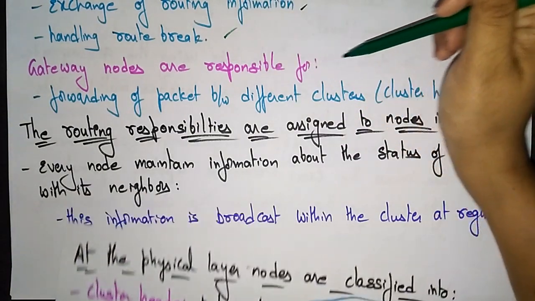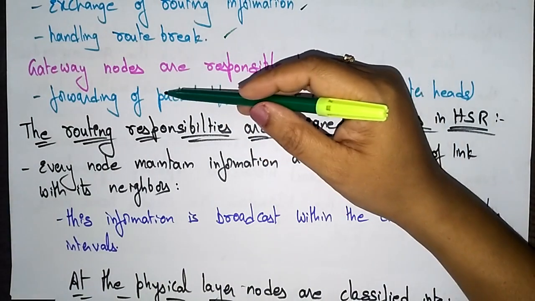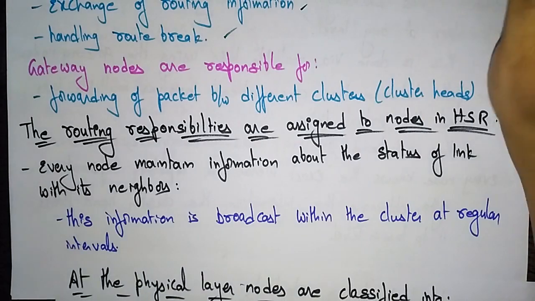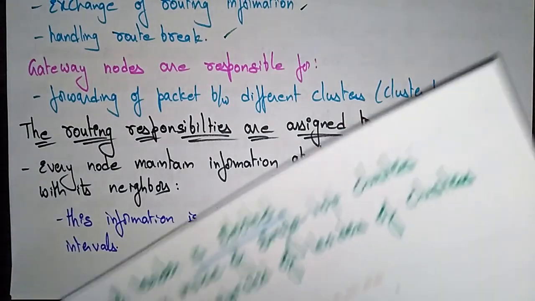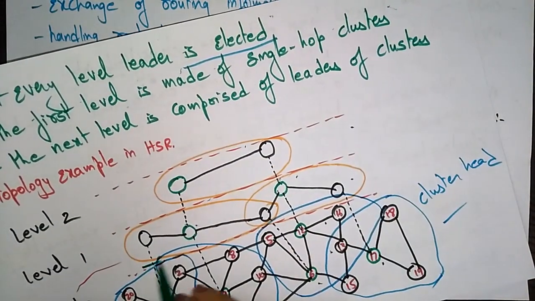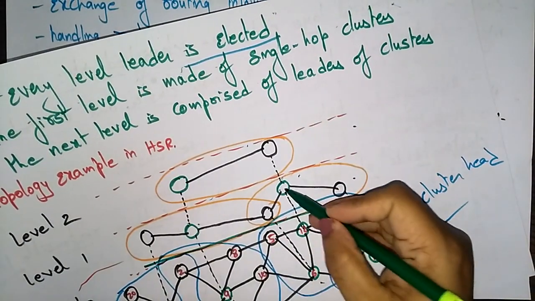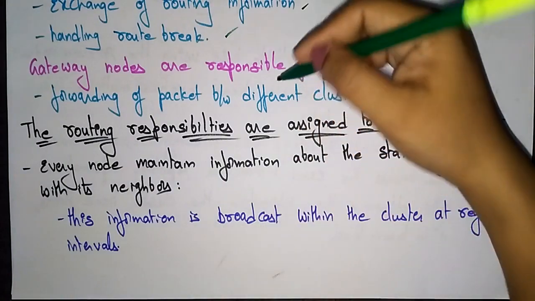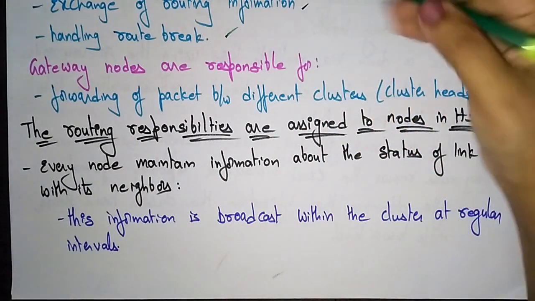The gateway nodes are responsible for forwarding packets between different clusters, that is, between the cluster heads. The gateway nodes belong to two or more clusters.